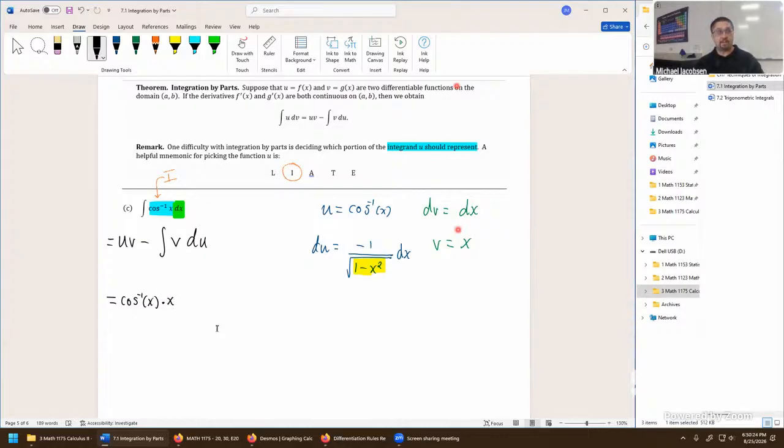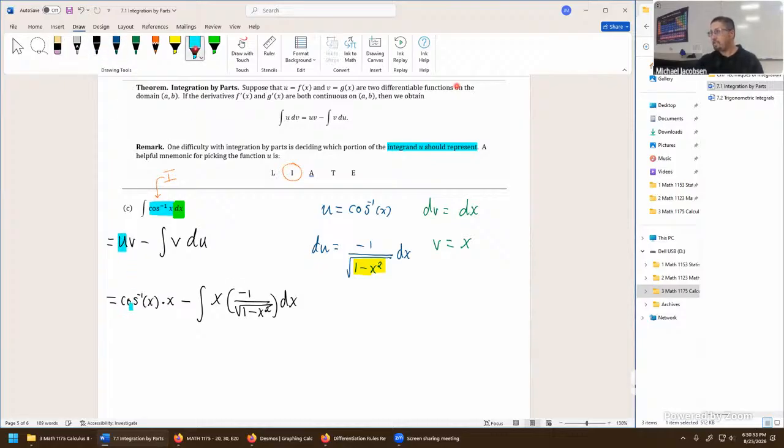Usually we'll change the order and call it x cosine inverse, but it's fine as it is for now. Minus the integral of v. v is just x times du. Well, du is still a mess. That doesn't look too wonderful, but let's keep on going and see what happens. 1 minus x squared dx. That negative sign just looks funny. Let me fix that.